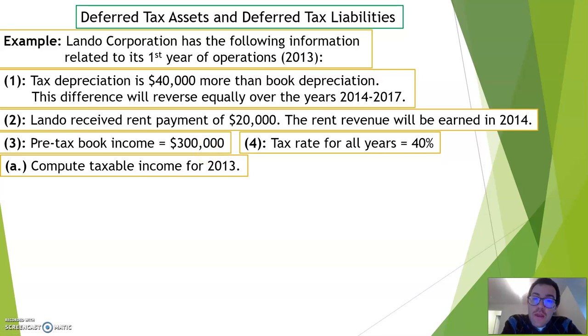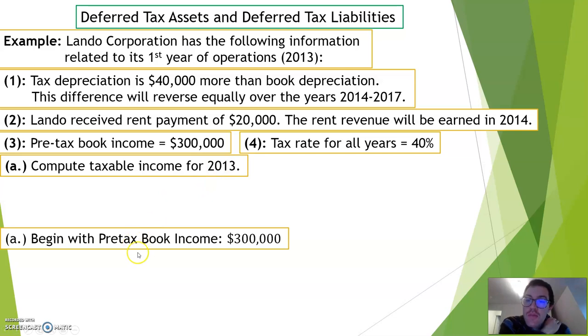So how am I going to do that? Well, let's see. We'll begin with pre-tax book income. That's something we know, $300,000. And let's convert it to taxable income under the Internal Revenue Code. So if tax depreciation is $40,000 more than the book depreciation, what should I do then to convert this to taxable income?